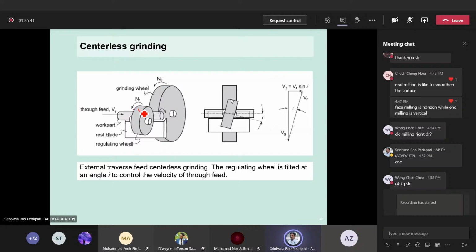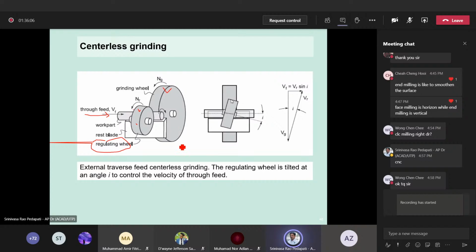So this is one wheel, this is another wheel. One wheel is the grinding wheel, the other wheel is the supporting wheel. The small wheel in this figure is the regulating wheel. The one that is bigger here is the grinding wheel. And the workpiece is a cylindrical workpiece, which is fed through this.